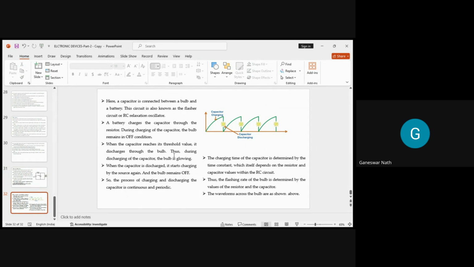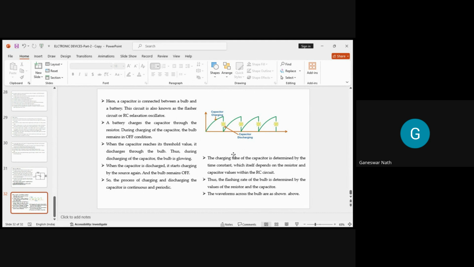Thus, during the discharging of the capacitor, the bulb is glowing. When the capacitor is discharged, it starts charging from the source again, and the bulb remains off, for which you are getting a zero state condition. But when the capacitor again goes on charging and discharging, the cycle is repeated and the glowing of the bulb goes on.